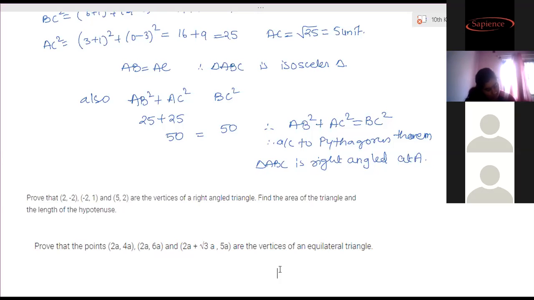Done? Rohit, which question are you doing? Ma'am, this one, proving 2a, comma 4a. 2a, 4a.